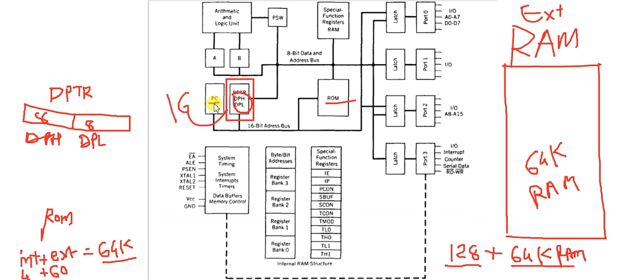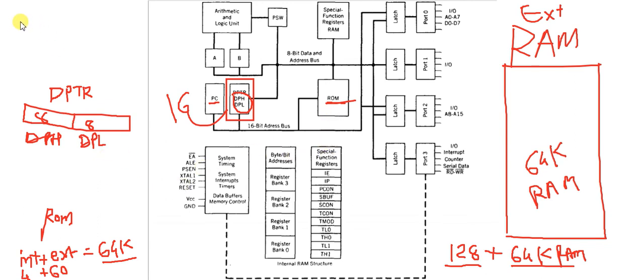So the total address space we can generate with 16 bits is nothing but 64K memory. We can maximum access 64K using 16 bits. Because we use this address to access the internal ROM, the external memory we can connect is the remainder.